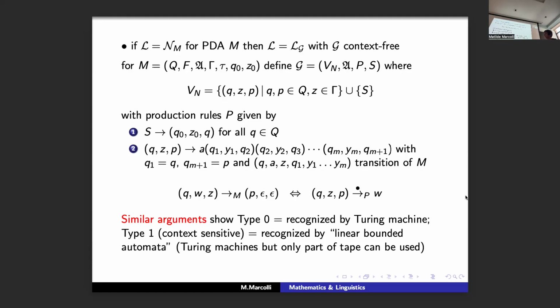And so in this way, you can construct the grammar, and all of these calculations are compatible with the property that you want from the grammar. So this is the basic idea.